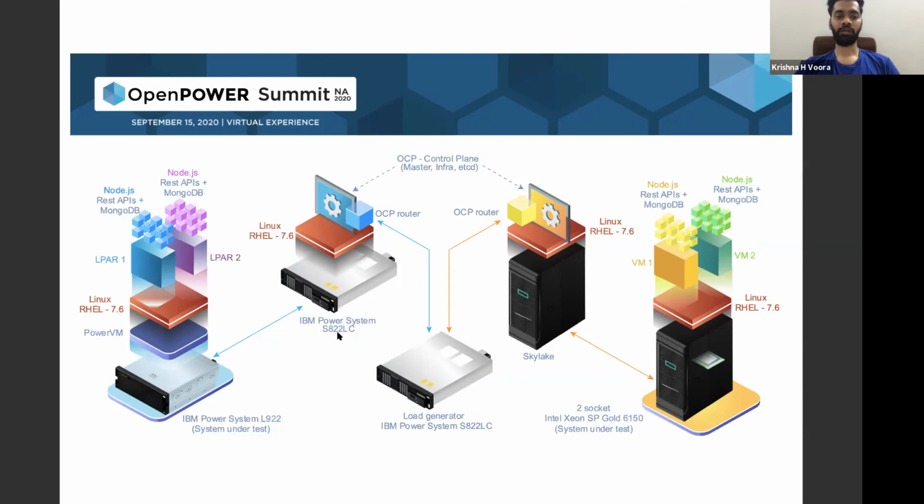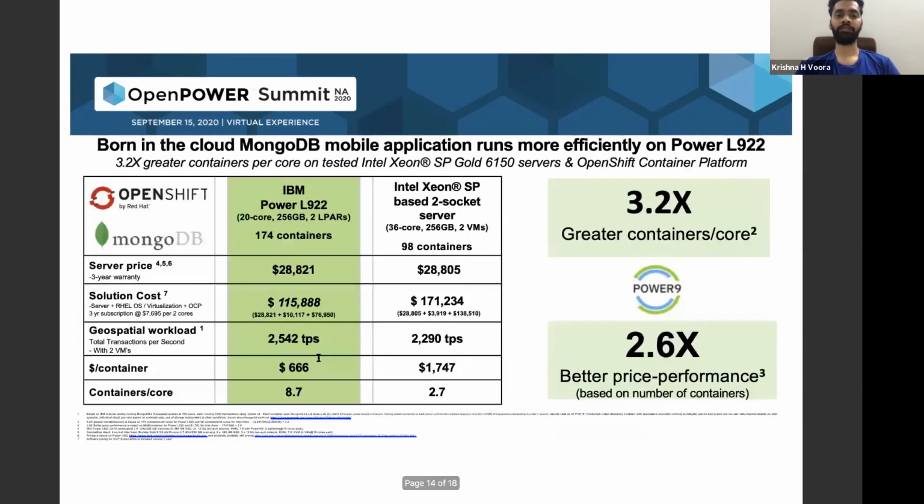So what does all this mean when it comes to price performance ratio? We have taken into consideration an IBM Power L922 box and Intel's Skylake box, which is 6148. They were almost the same.